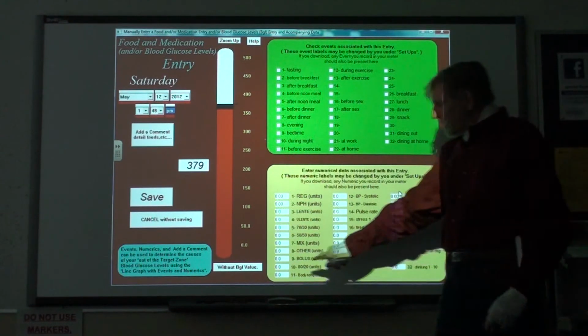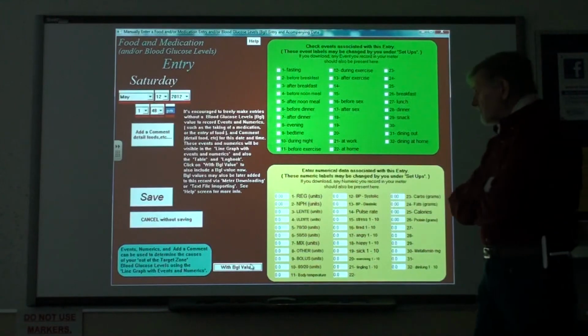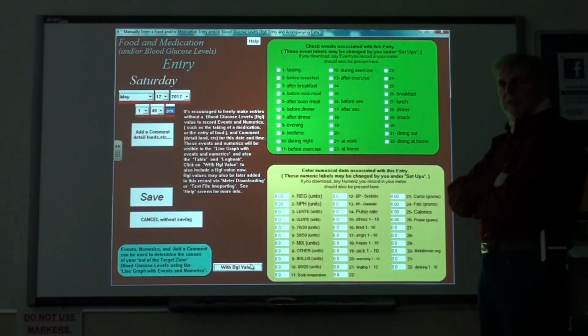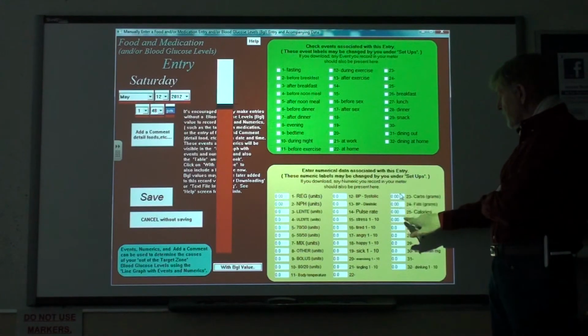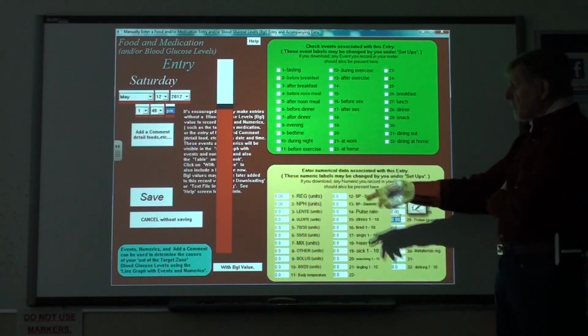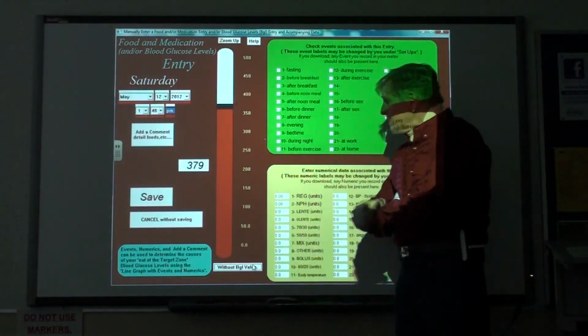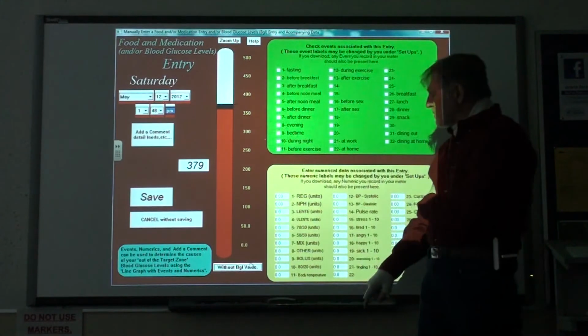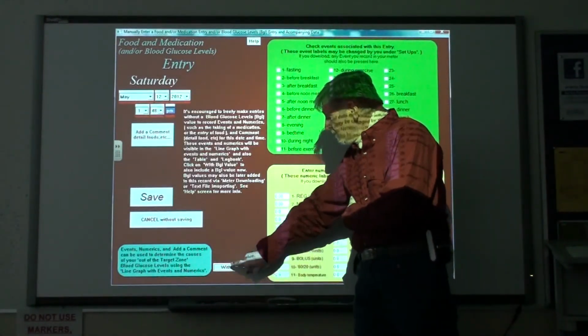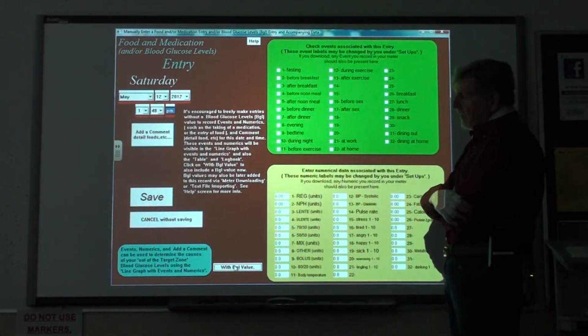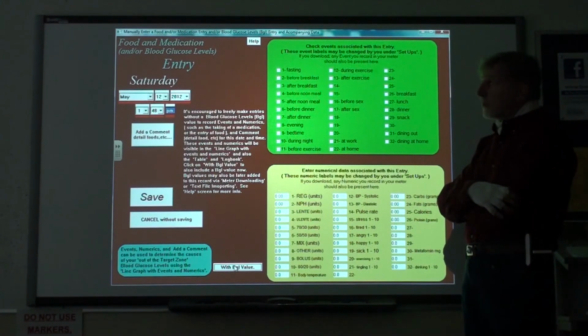Sometimes you eat food without taking a reading. So then you come to this screen and you enter your carbs, fats, calories, and proteins without a blood glucose level. And then you simply save that without the blood glucose level, and other ones may have a blood glucose reading.